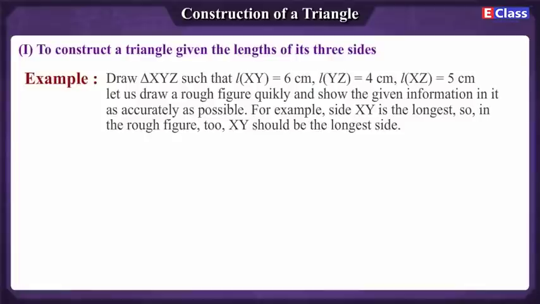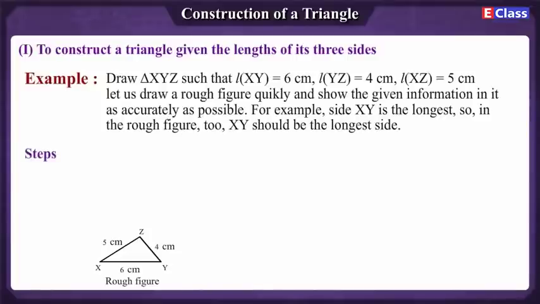Let us draw a rough figure quickly and show the given information in it as accurately as possible. For example, side XY is the longest. So, in the rough figure 2, XY should be the longest side.